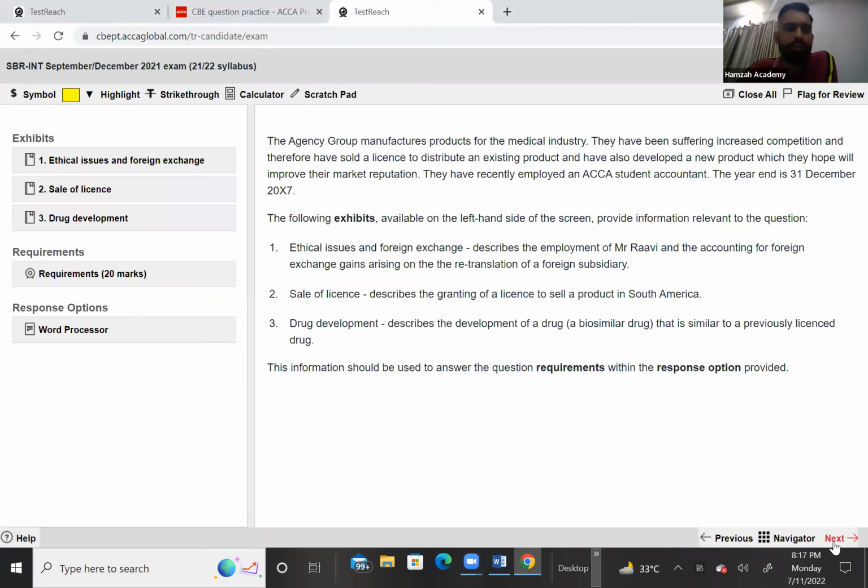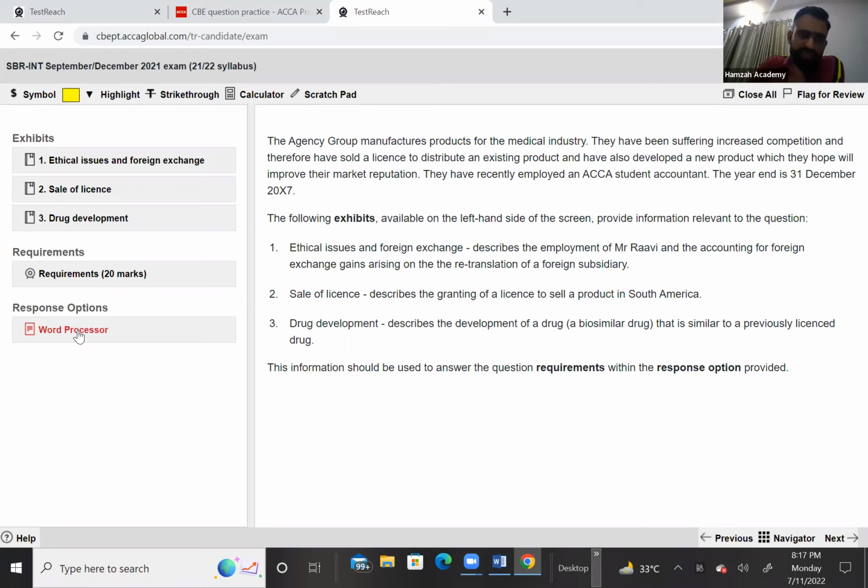Then the second question, as I told you, part A, question number 2. This question consists of 20 marks, and here we have only the word processor. It is totally up to the examiner which response option you will have in your question. It is not mandatory that question number 2 will have only one response option.